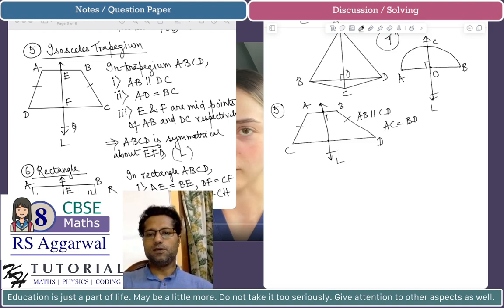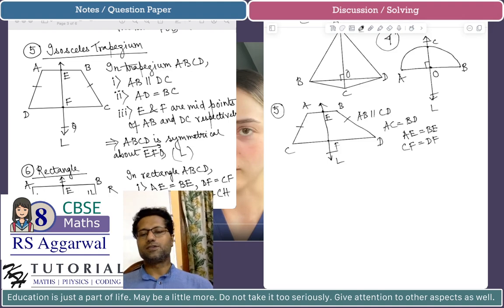If this is E and this is F, we have AE equals BE and CF equals DF. So this line L will be the line of symmetry of the trapezium, and you can clearly see that there is only one line of symmetry for an isosceles trapezium.